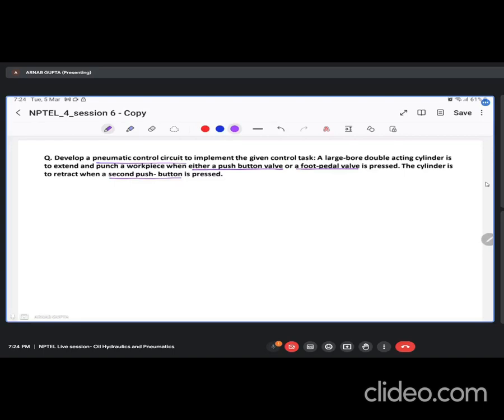Let's try to look at it. As you can understand, here also you have to use a particular type of valve. Just give me a second.